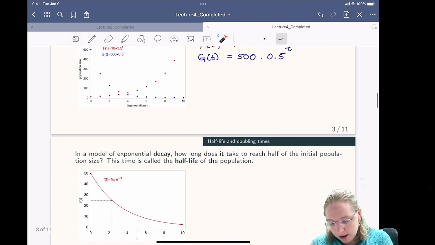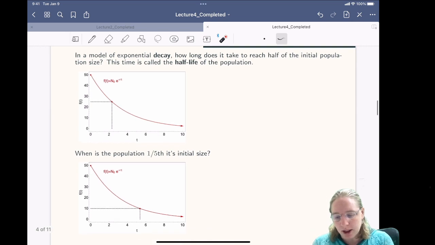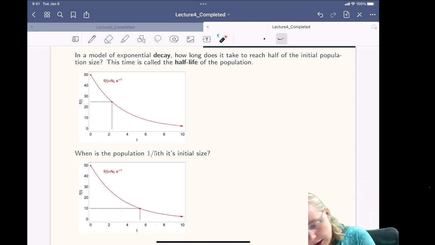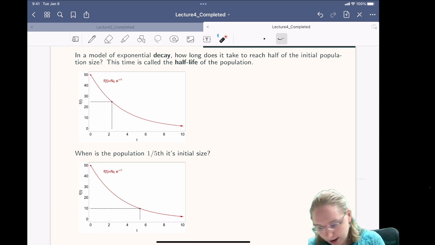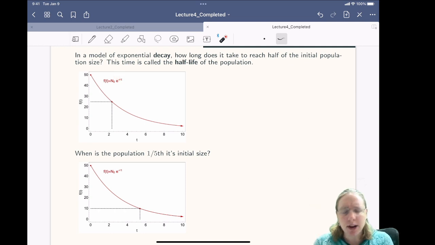All right. So in particular, today we're going to talk about continuous time models of growth and decay, and we're going to define a quantity known as half-life. So to think about half-life, consider a population that is decaying. So we have our initial population size n0, and we have a negative exponent minus r. So we start at n0 of 50, for example, and we're letting that population decay over time.